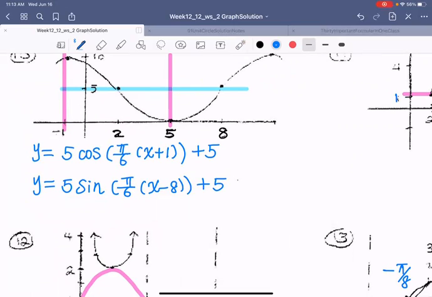So I'm going to say cosine of pi over 6 x plus 1 equals, using the cofunction, sine of pi over 2 minus pi over 6 times x plus 1.